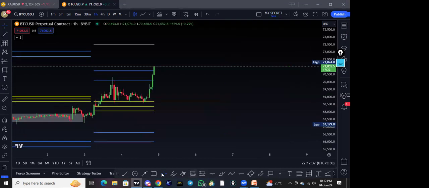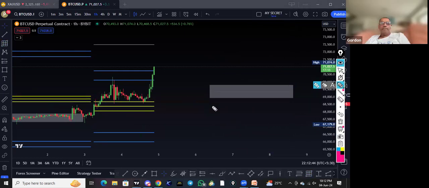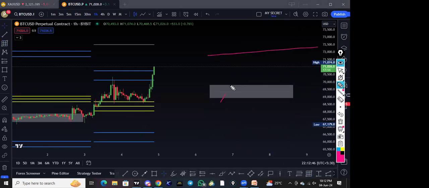Okay, sir, I'll show you. This is a weekly. If the market didn't reach near weekly R1, it's coming back down and closing a 1 hour candle here, there is more possibility it will take resistance and come back and fall.